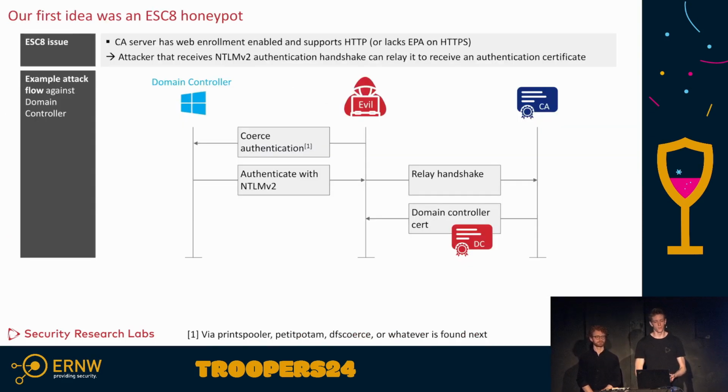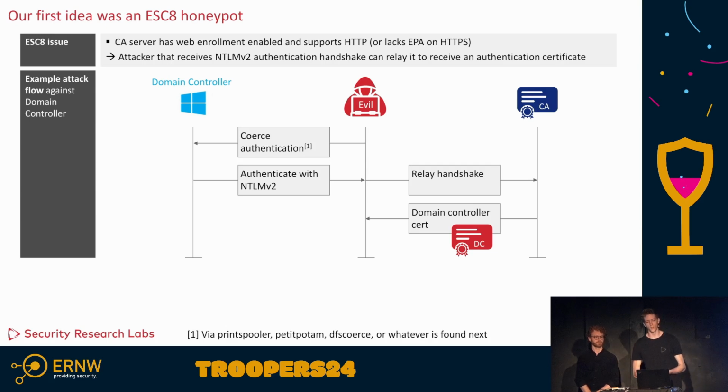Our first idea was to create a honeypot for ESC8. So basically, there's a feature in the CA that you can enable so that you can also do certificate enrollment via a web API that supports HTTP, which is, of course, vulnerable to relay attacks.